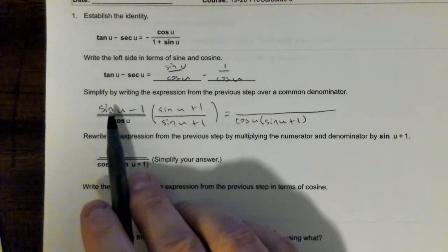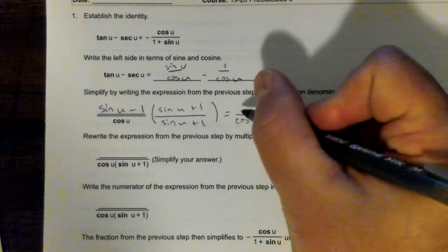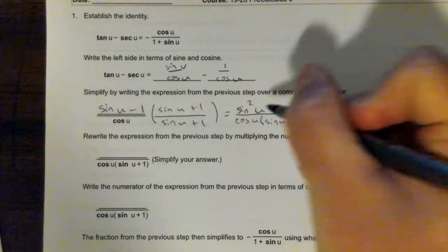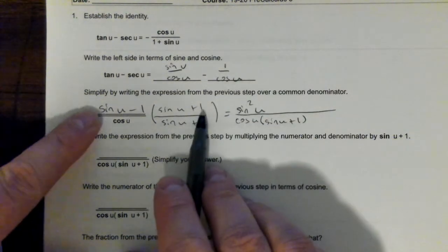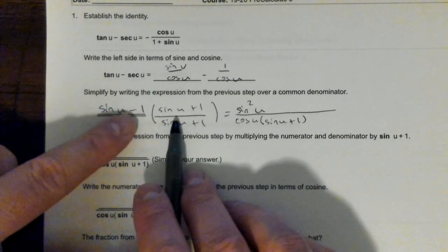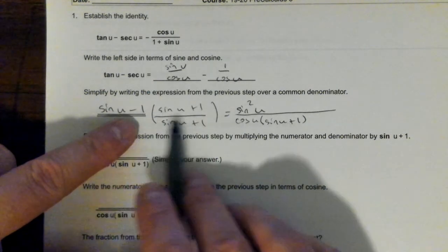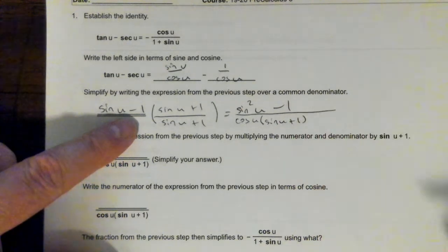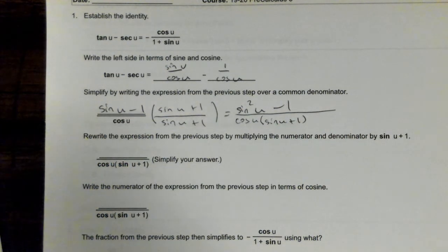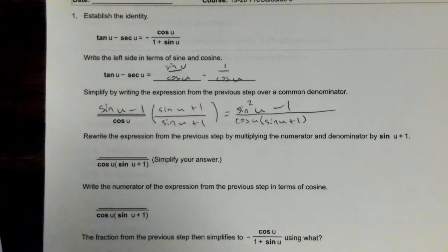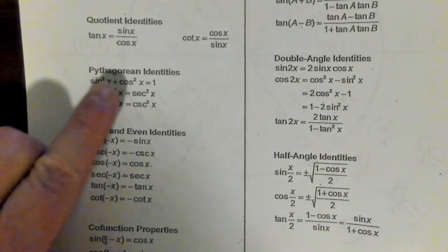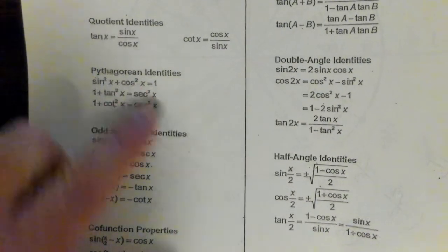And the numerator would be sine times sine is sine squared. Then your outside is positive sine u, minus sine u, and then minus 1. So here's where you need to remember your Pythagorean identity. Sine squared plus cosine squared equals 1.